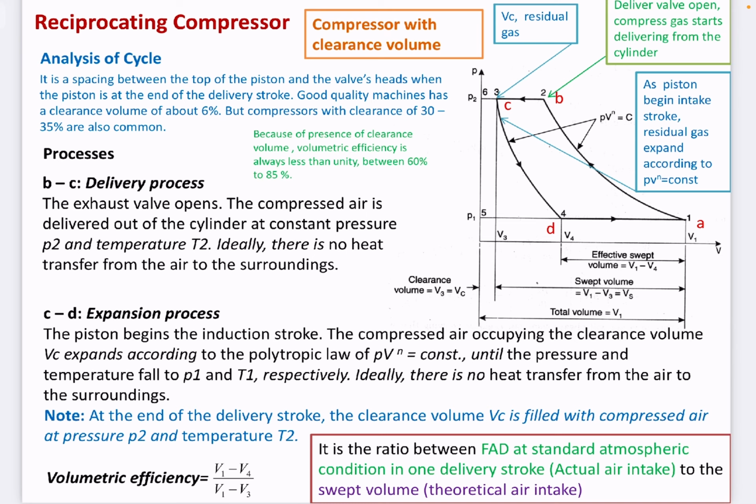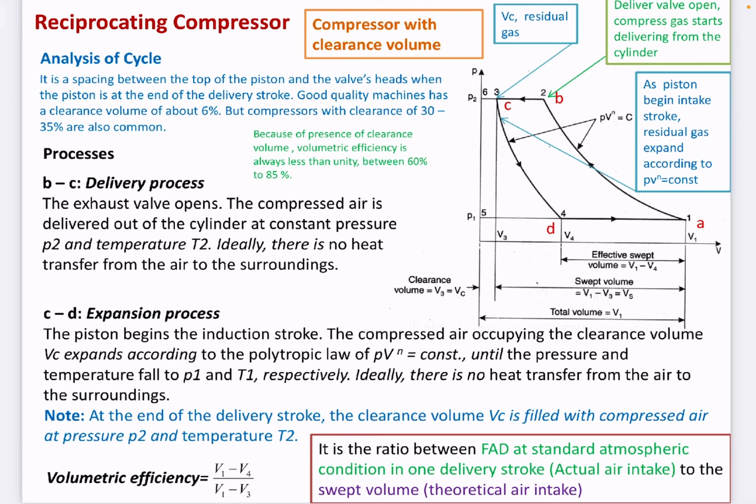At position 3, or at C position, you will find that there is a space between the top of the piston and the ball heads when the piston is at the top dead center, known as clearance space. The clearance volume is necessary, because without it there would be no play, or no space for the valves to move.